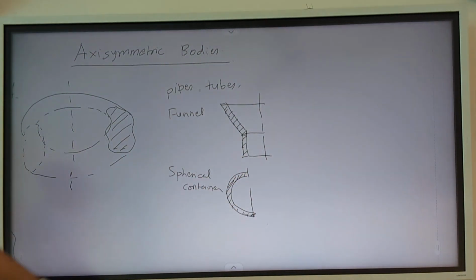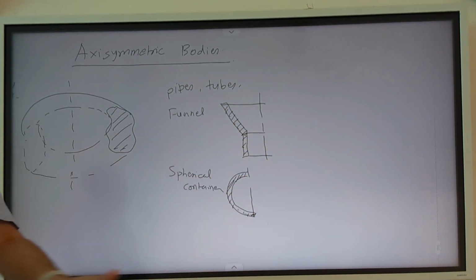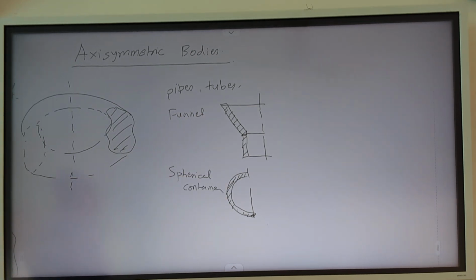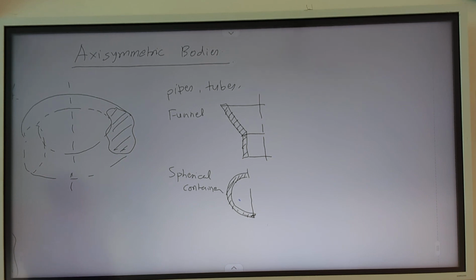So if you take a semicircle and revolve it, if it is hollow, then also it is axisymmetric. If it is a solid ball, then also it is axisymmetric. What I have drawn here is a container, but it need not be. Anything else that comes to your mind?